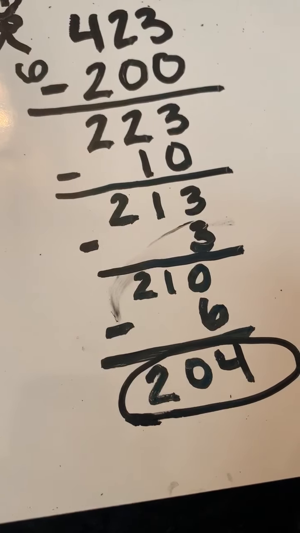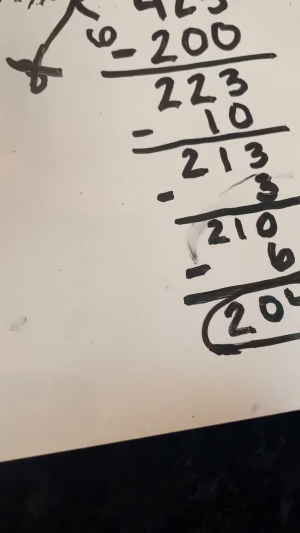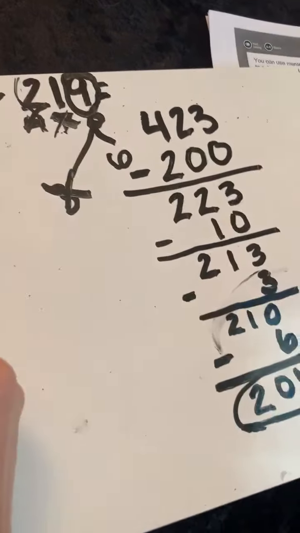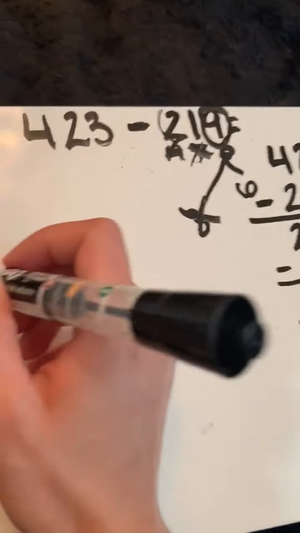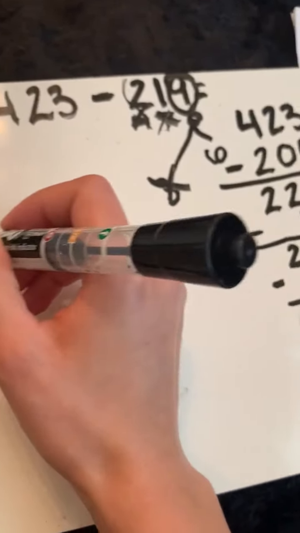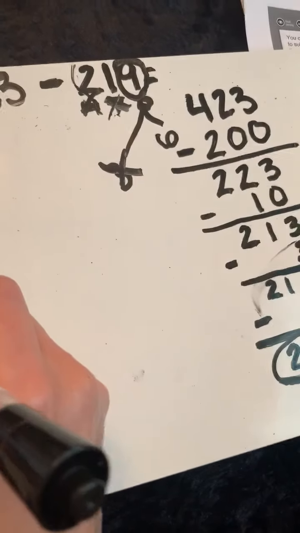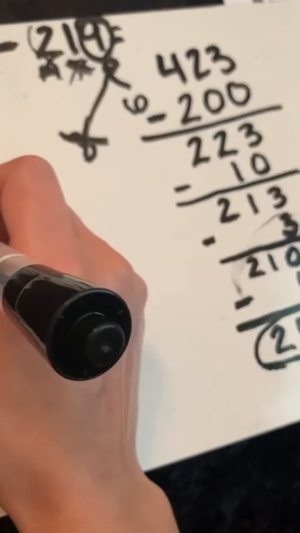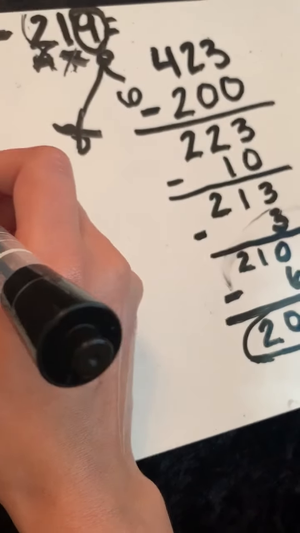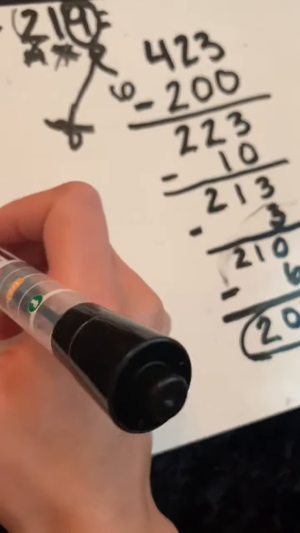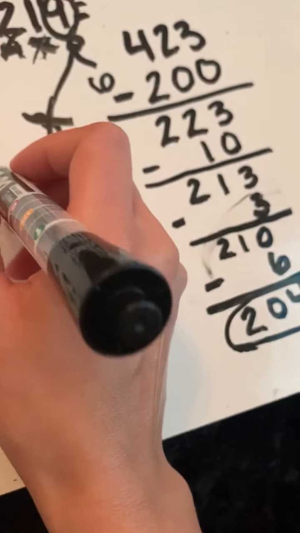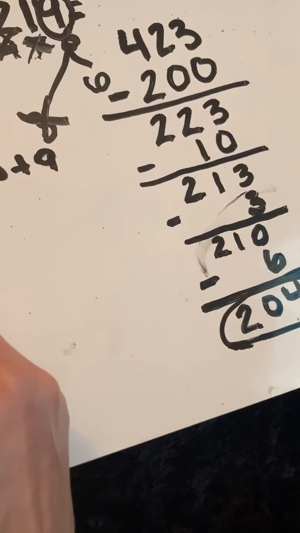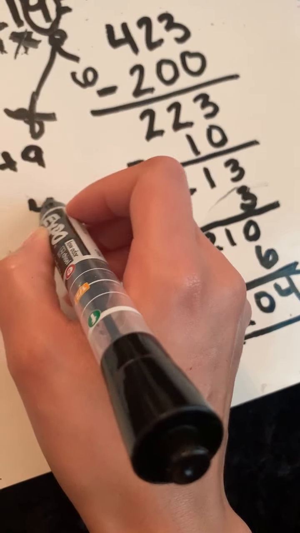How can I double check my work? I can check by adding 204 and 219 to get 423. So 219 and 204. 200 plus 10 plus 9 plus no tens, just 4.